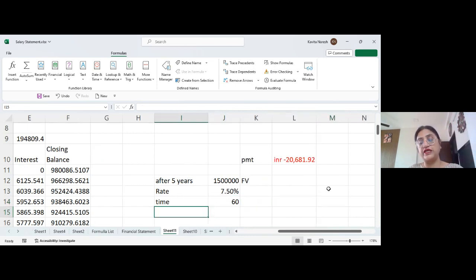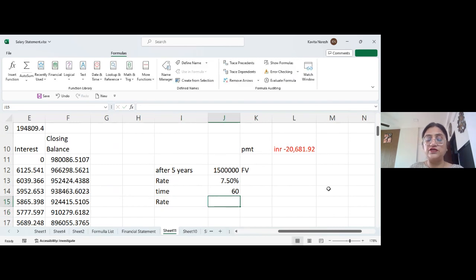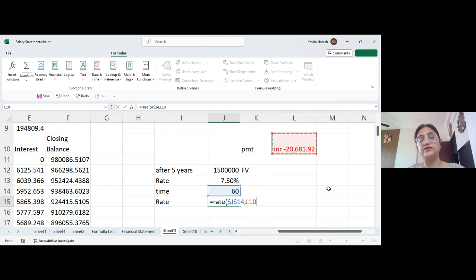It will be the cross check. The answer will definitely be 7.5%. But how can you calculate the rate? Equal to RATE. The function name is RATE. NPER, this is your NPER, comma, PMT. What is PMT? Your payment. You will be paying 20,681.92 every month.